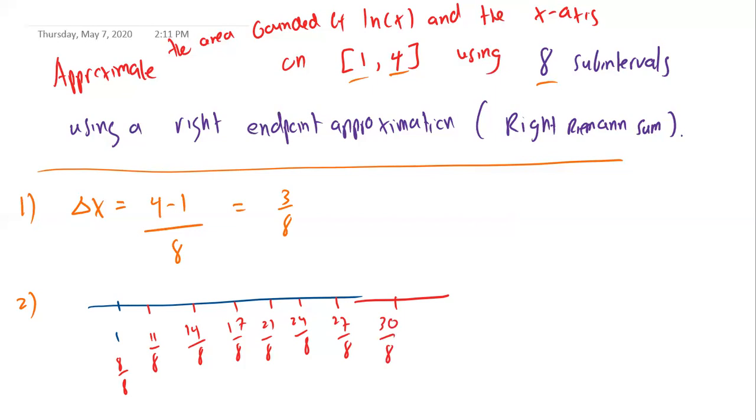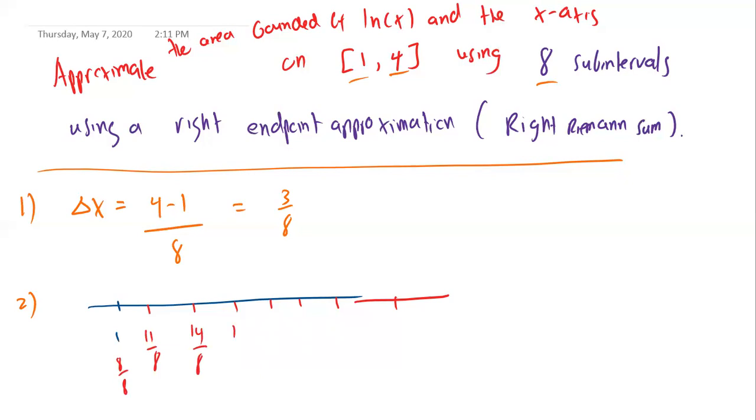But I did something wrong, right? Because this should add up to 32/8, which is 4. So 8/8 plus 3/8 is 11/8. Plus 3/8 is 14/8.